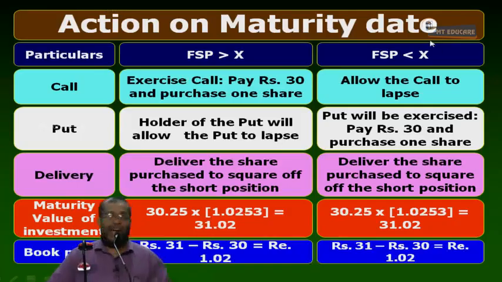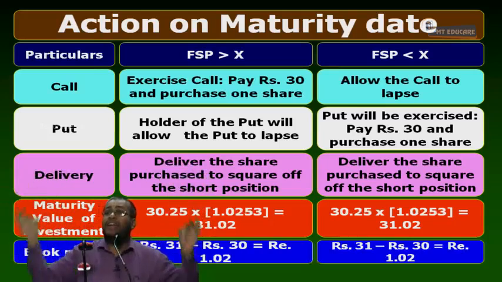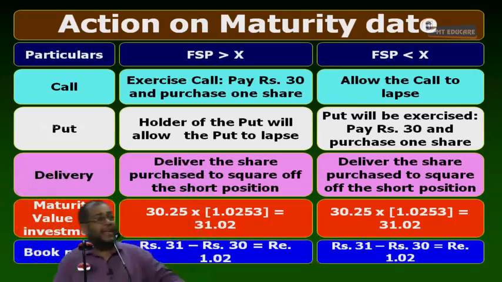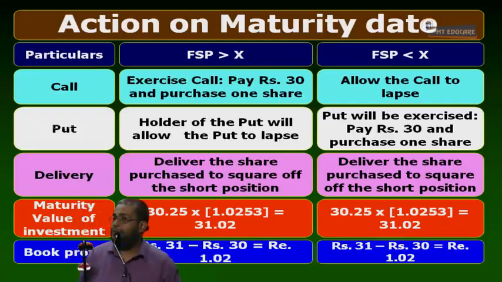Whatever the FSP may be, I pay 30 and I get 31.02. So the 1.02 does not depend on the share price at all. I have a guaranteed profit of 1.02. It cannot be above, it cannot be below. It is a locked-in profit.